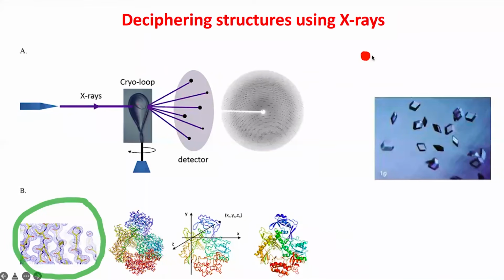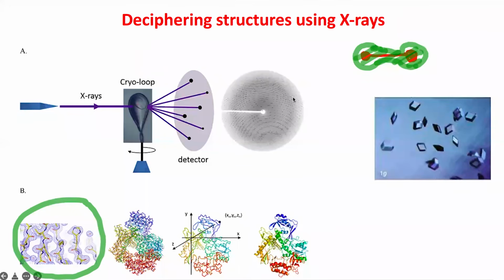If you have a carbon atom over here, and you have a nitrogen atom over here, and there is a bond in between, the electron density map which you draw will look something like this. Fine? And you basically have to fit in this electron density map using a model. You still have to model the atoms of any molecule whose structure you're solving.